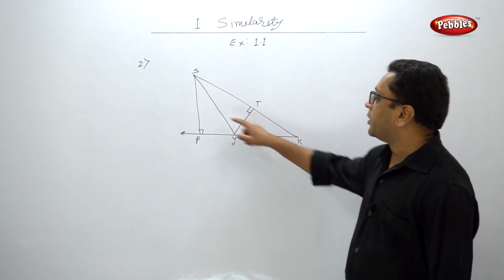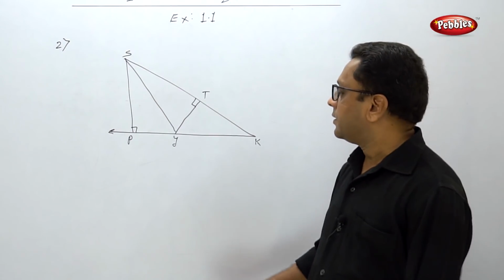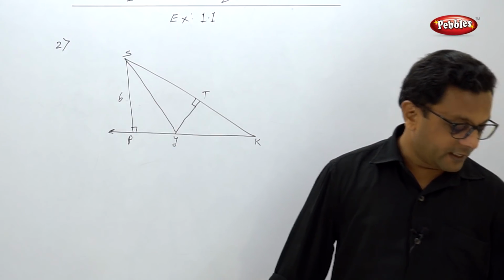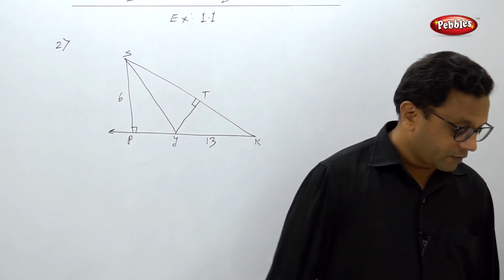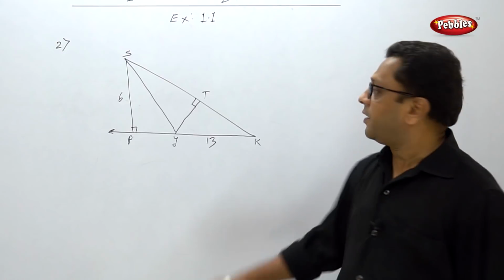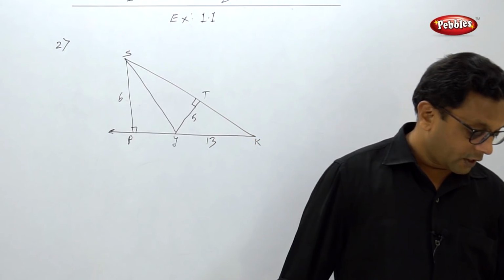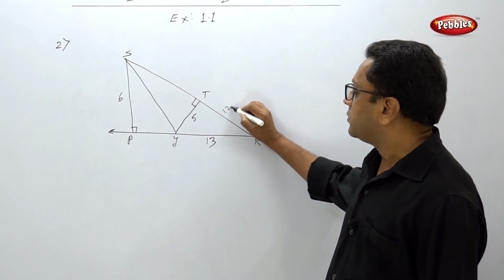If SP is 6, YK is 13, then YT is 5, and TK is 12.